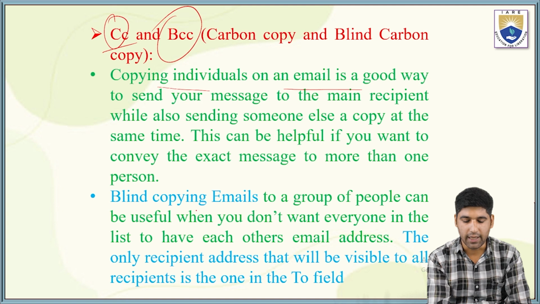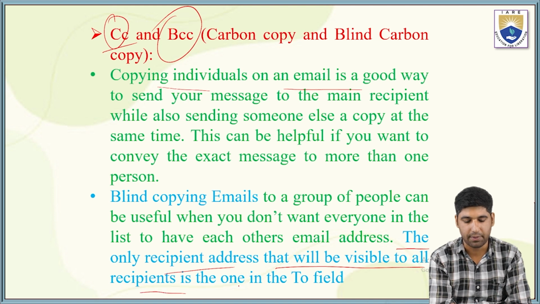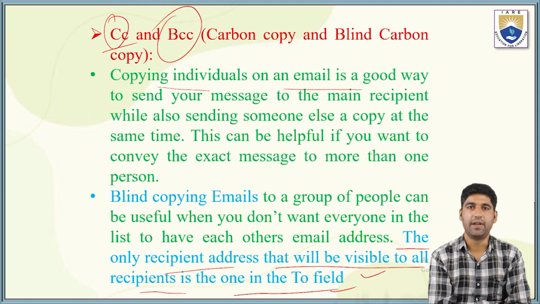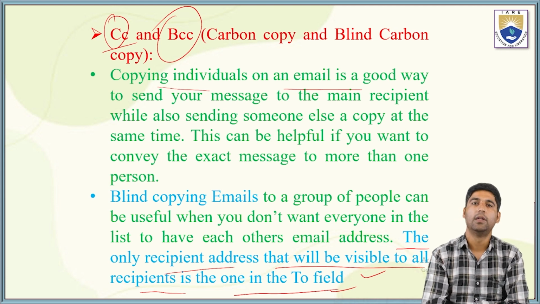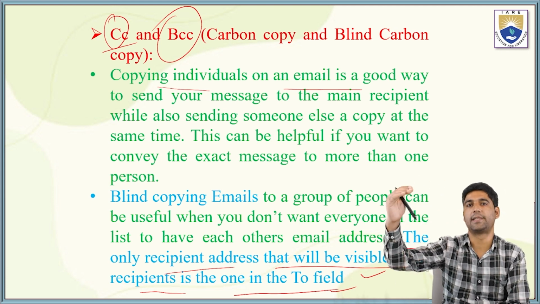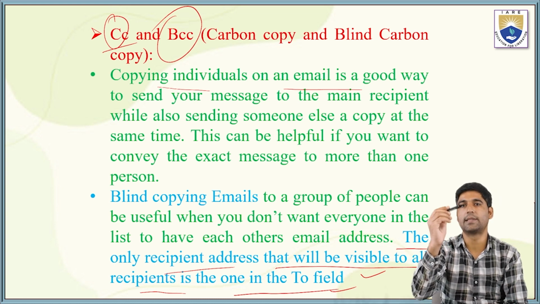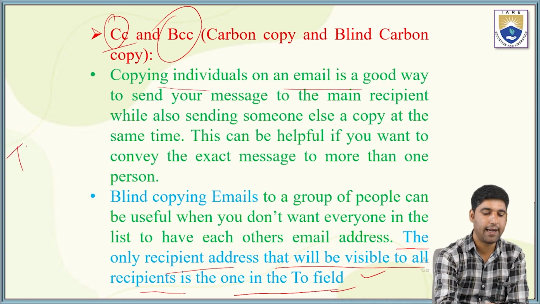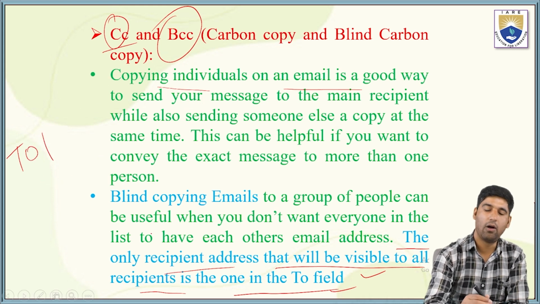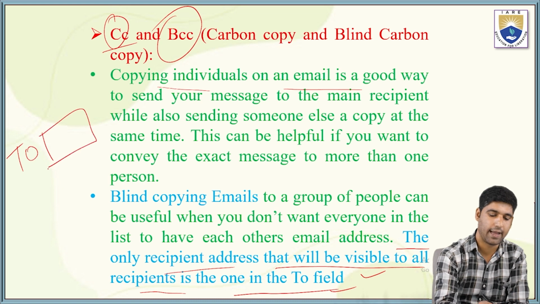But there is one thing, the only recipient address that will be visible to all recipients is the one in the to field. When we are writing an email, at the top comes the address of the sender, then is the address of the receiver. You will see "To" is there, and we are writing the address of the receiver in the to field, like this.